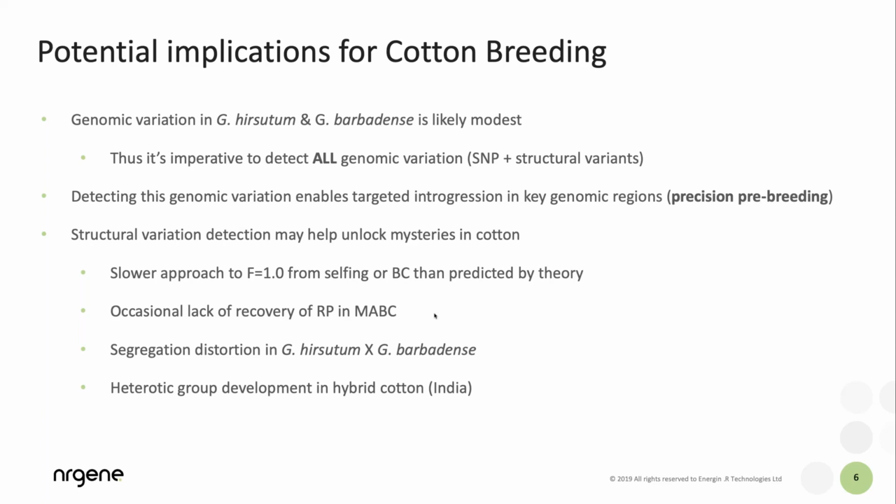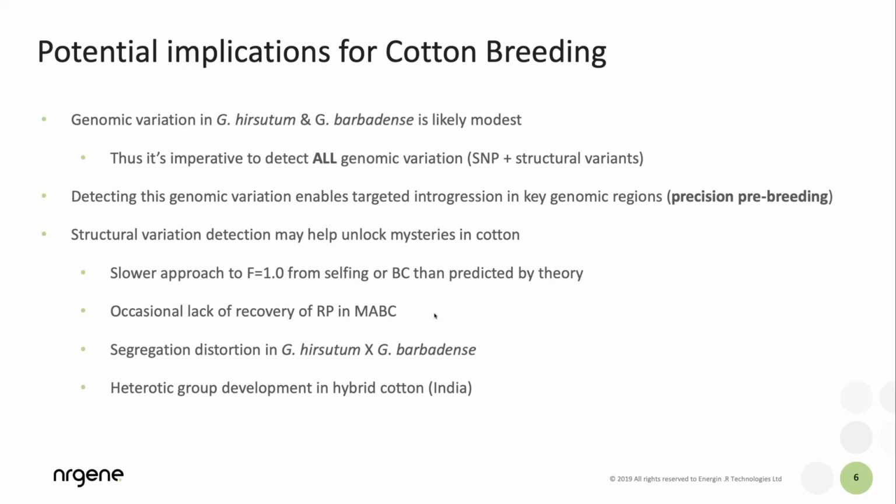Unique to India cotton, where hirsutum by hirsutum hybrids are common, heterotic group development is taking place in hybrid cotton in India, somewhat like maize. I believe understanding structural variation that exists between the development of heterotic pools could help better create smarter heterotic pools as they're developed.